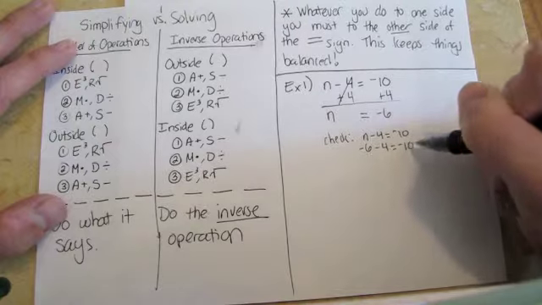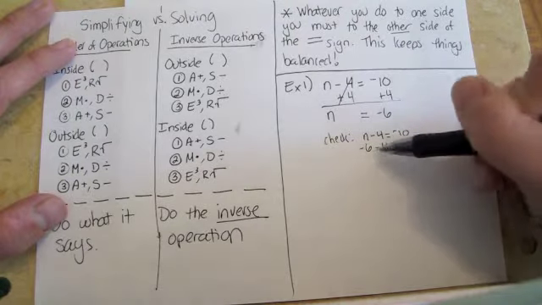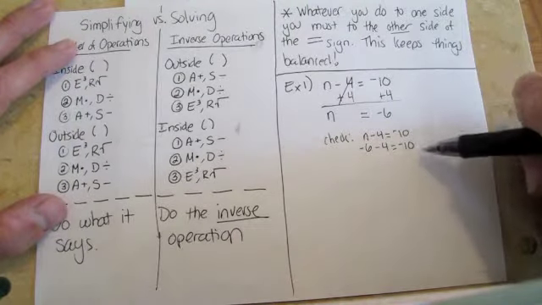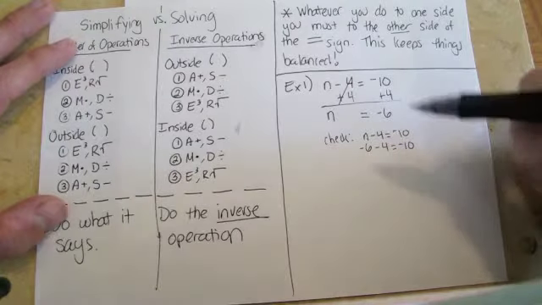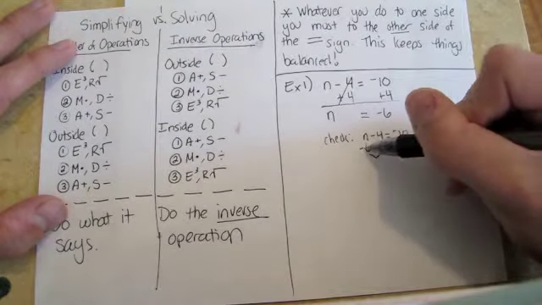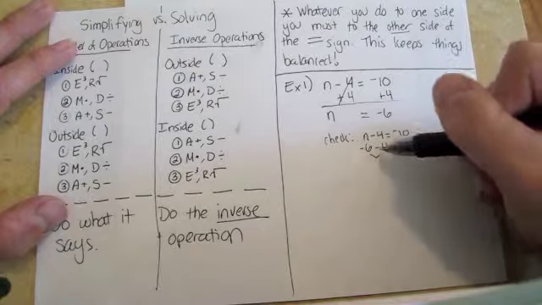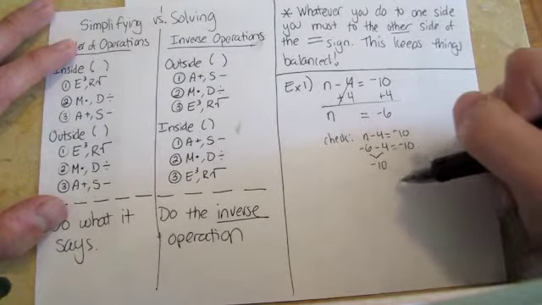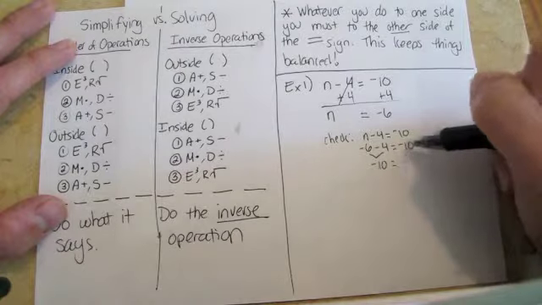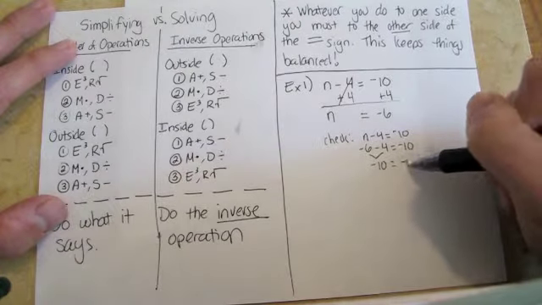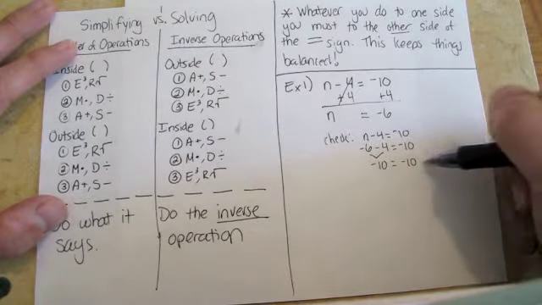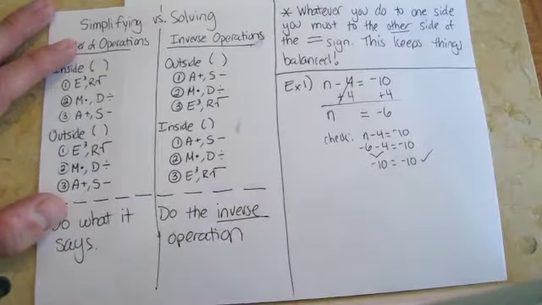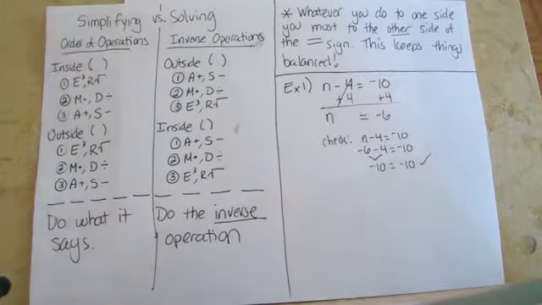And I'm going to bring everything down, including the right-hand side, and then I'm going to simplify the left, simplify the right, and make sure the two sides are equal. Negative 6 minus 4 is a bad guy meeting. 6 bad guys and 4 more bad guys makes 10 bad guys. Bring down your equal sign. There's nothing to simplify over here, so I'll bring it down. My two sides are equal, so I know I did it right. So that's example 1.